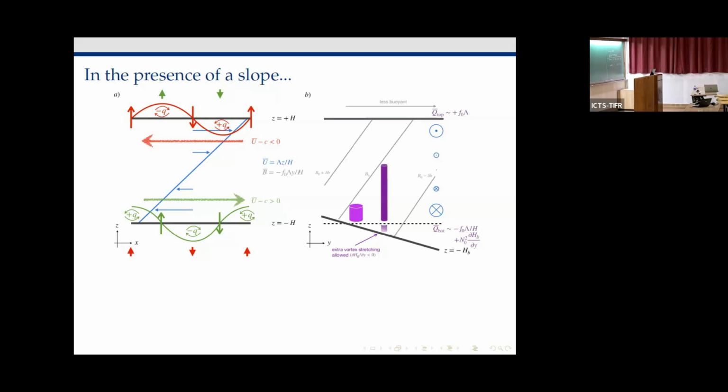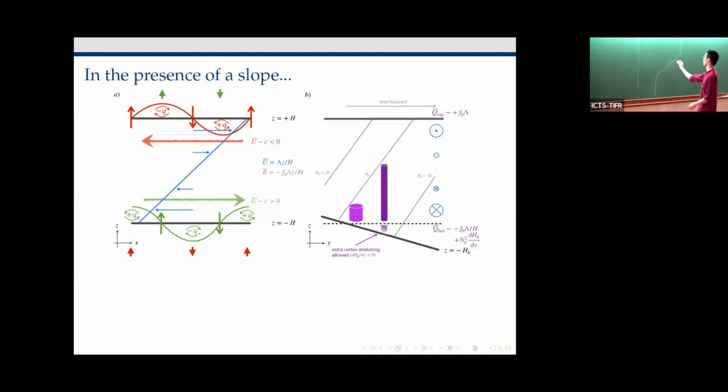So I think Akash is talking about this one. Your flow is going this way. The 0 point is here. So you have a wave which is going like this, but you have to remember that the U bar is this one. So there's a U bar, but then your U minus C is going this way.